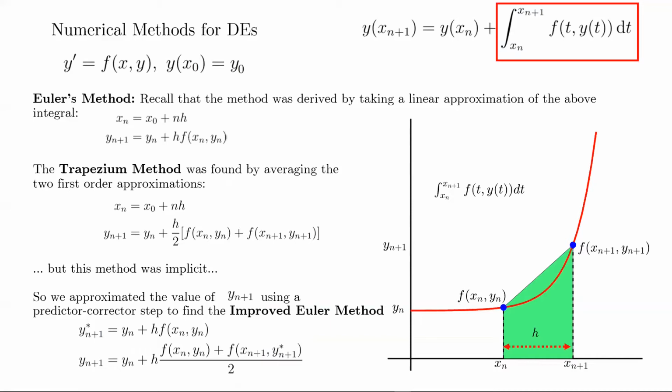The basic idea of the trapezium and improved Euler method is that instead of just taking one point on this red f curve and using that to approximate the area, we took 2 points on that curve and used that to approximate the area under the curve.